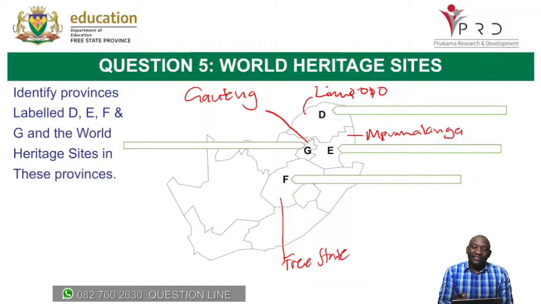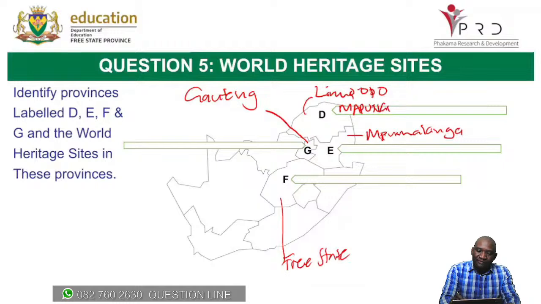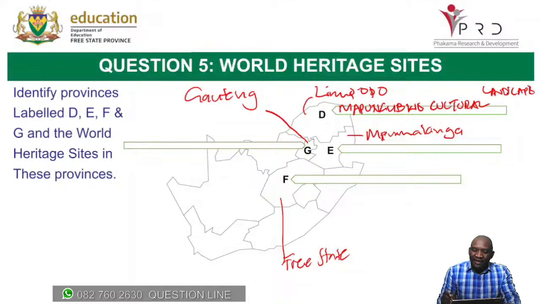Right, for province D, Limpopo, what did you write down? Yes, correct, that's Mapungubwe Cultural Landscape. Very good.